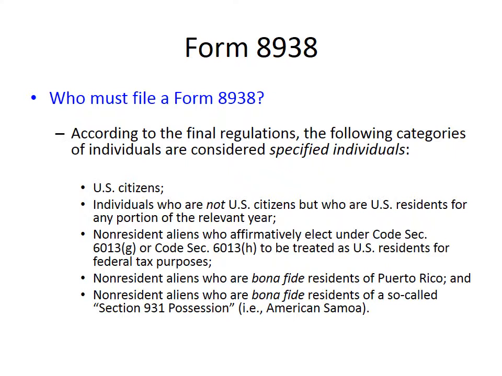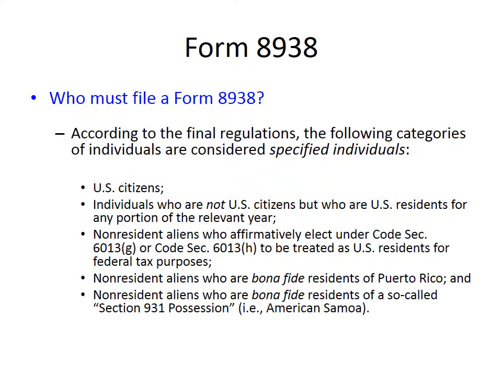Who must file a Form 8938? According to the final regs, the following categories of individuals are considered specified individuals. So, specified individuals answers the question you see at the top here. Who has to file?